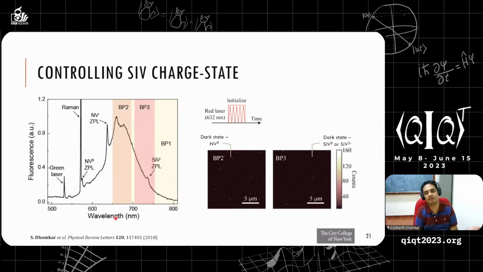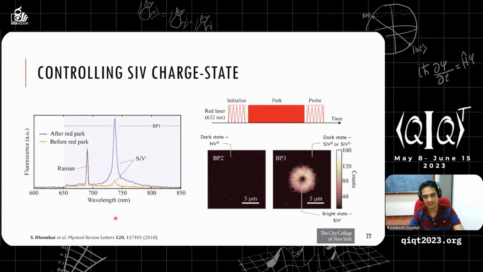The defect generally will have multiple charge states, and you can ionize and recombine. In this particular case, I don't have time to go into details, but this can be done even with silicon vacancy centers in diamond. You start in a completely silicon vacancy minus devoid background, and you can generate these defects just by shining a laser.